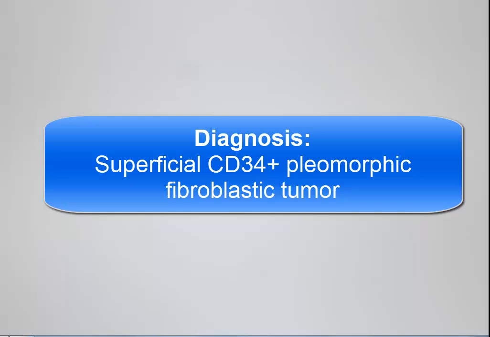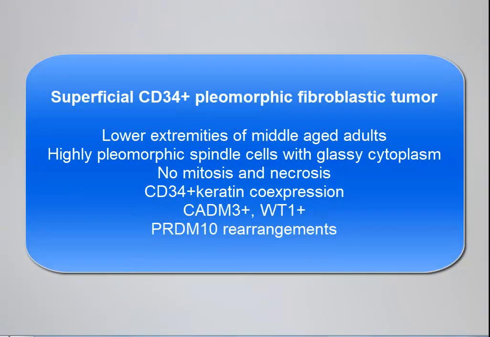We added the term pleomorphic in the latest WHO 6th edition. It's going to be coming at the end of this year. These tumors are usually seen in the lower extremities of middle-aged adults, and the characteristic is cytokeratin positivity and CD34 co-expression, and keratins are positive in 70% of the cases.